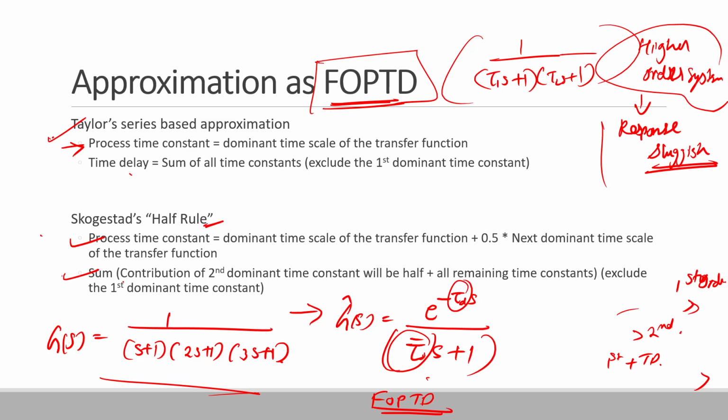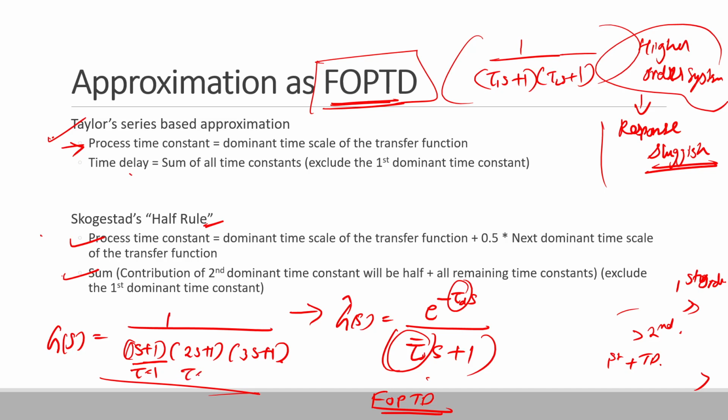Basically by Taylor series approximation, the process time constant will be the dominant time scale of the transfer function. If we take a look at the different time constants of the process, for the first term the time constant is 1, that is the coefficient of the s term.